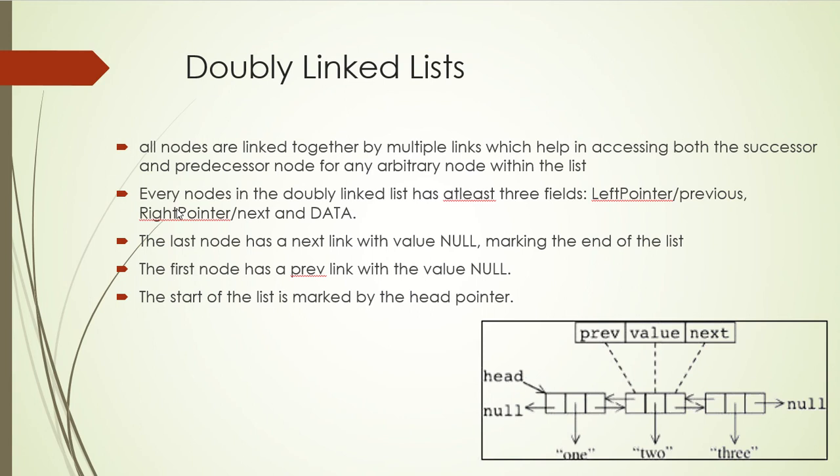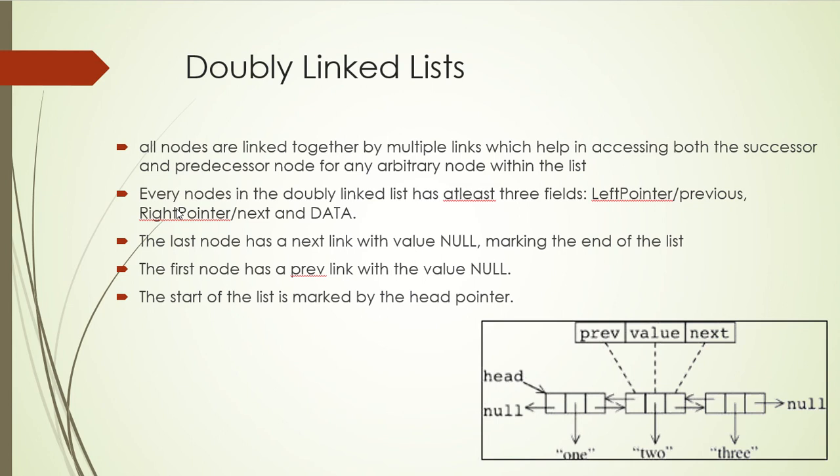Whether you take the first node, the second node or the last node, every node will have a connection to its previous node and its next node. As I said, there will be at least three fields: one data field and two link fields. The L pointer, or left pointer, connects to the previous node, and the R pointer, or right pointer, connects to the next node.